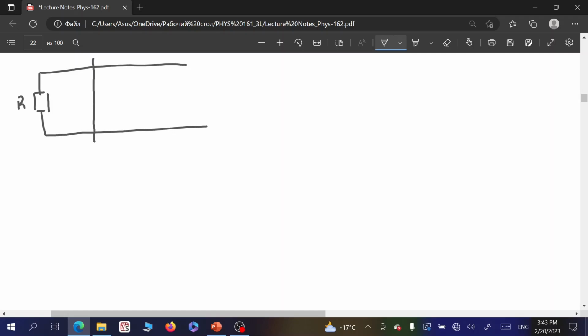Here we have this straight conductor and uniform magnetic field.